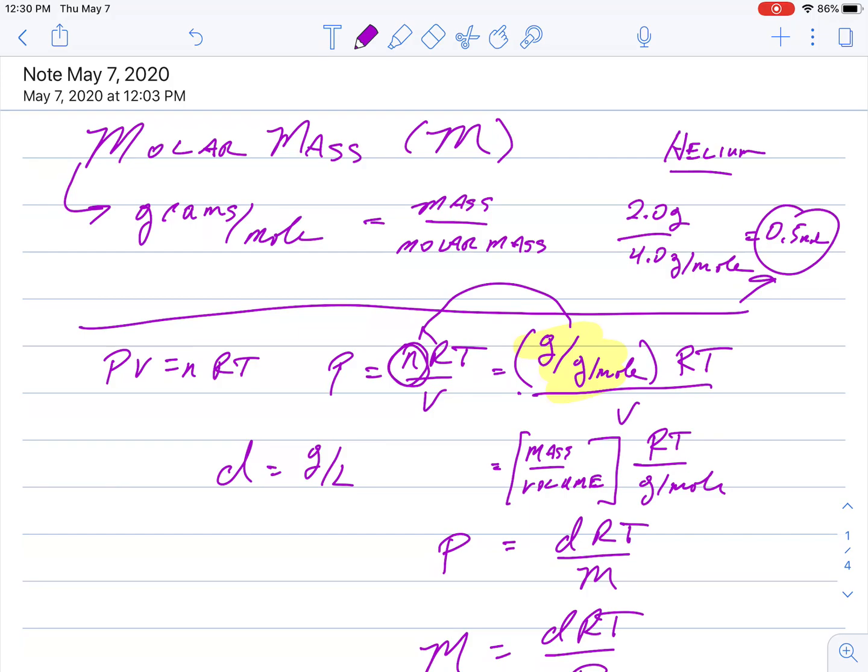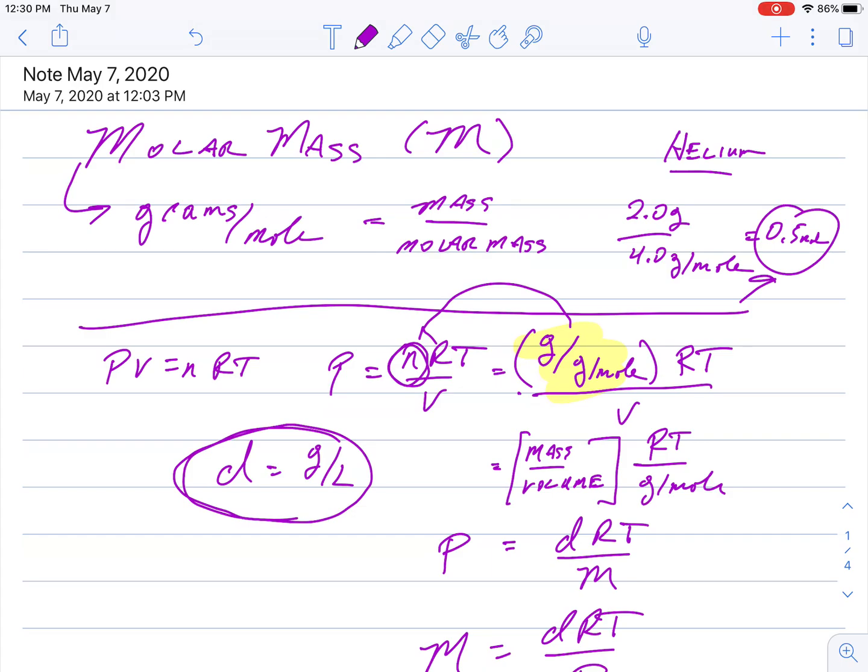What we're going to do then is separate this out, and remembering that density comes back to this little thing over here. Density, remember, is mass divided by volume, which in a chemistry class is grams per liter. If you're in a physics class, that's kilograms per cubic meter, but since we're in chemistry, it's grams per liter. So all I did was rearrange this just a little bit.